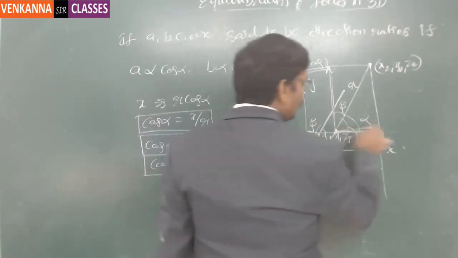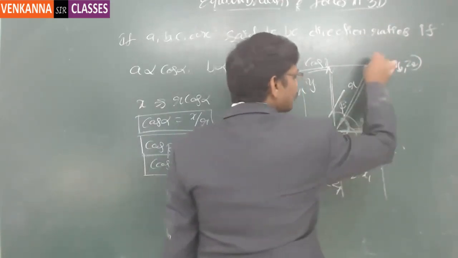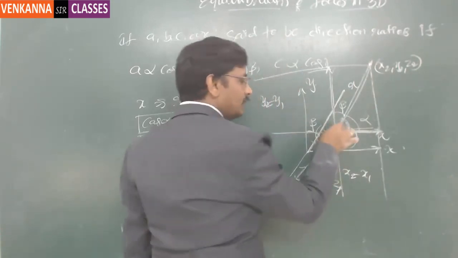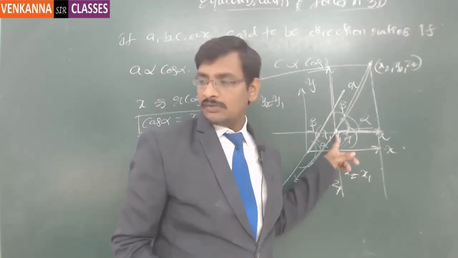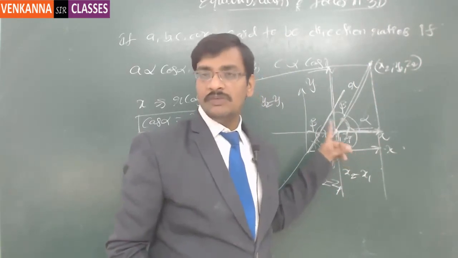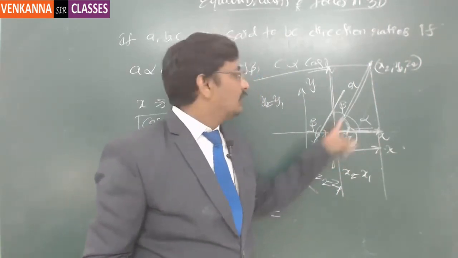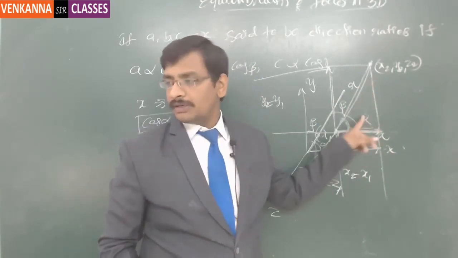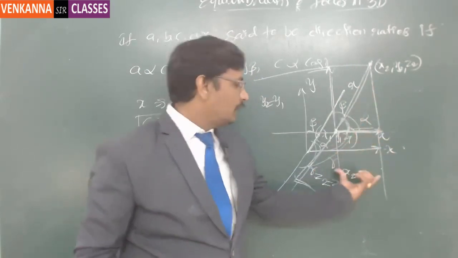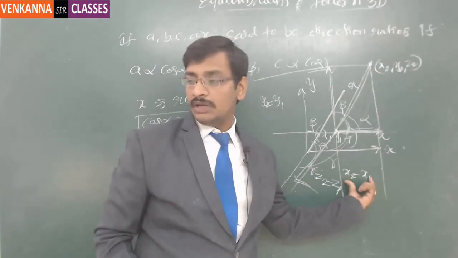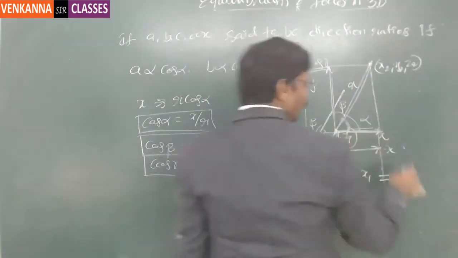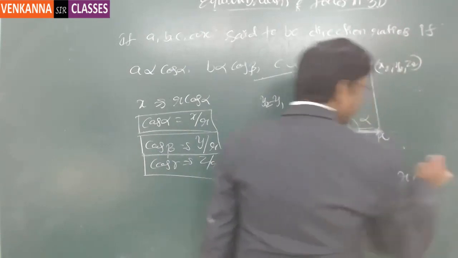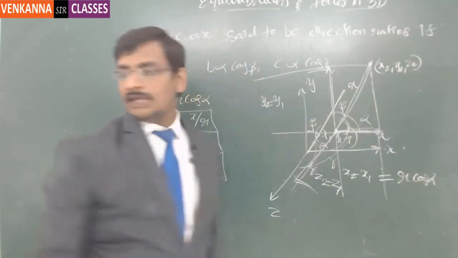Now if you take this as the angle and this as r, it is as if we are taking x1, y1, z1 as the origin. Then x2, y2, z2 is the new point of consideration for us. That means this length x2 minus x1 can be equated to r times cos alpha, because alpha is the same in either case.